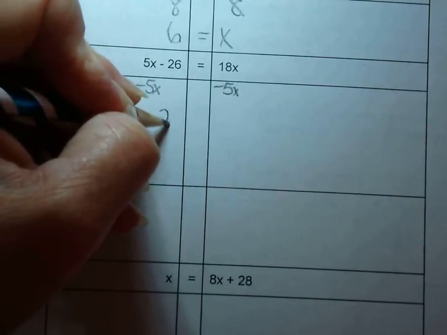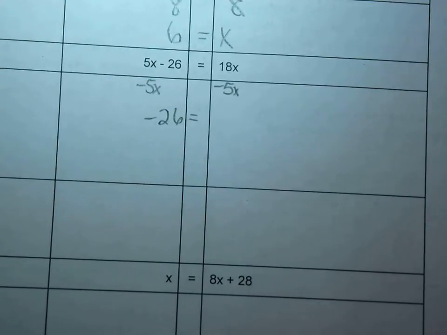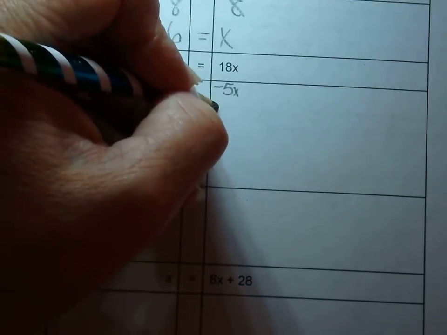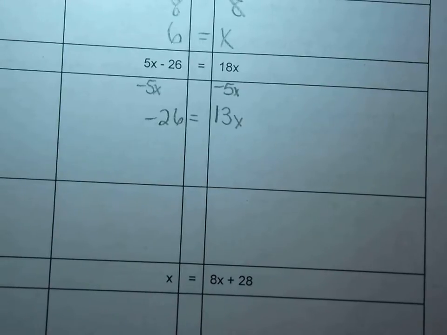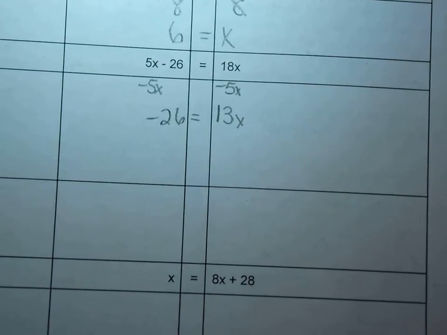So we're left with negative 26 is equal to, what's 18x minus 5x? What is my next step?